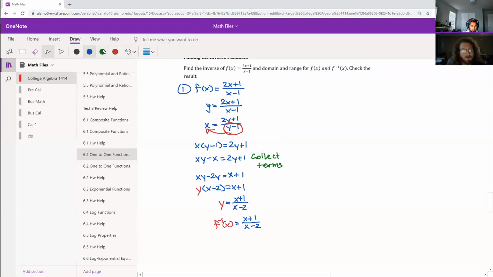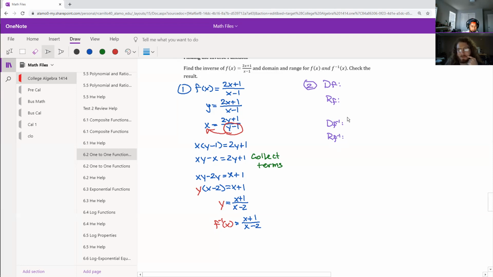The next thing to consider, let me minimize that a little bit. So we want to find our domain and range. Let me get a different color. Let's do it in purple. Right, so the domain of f, the range of f, and then we want the domain of f inverse and the range of f inverse.